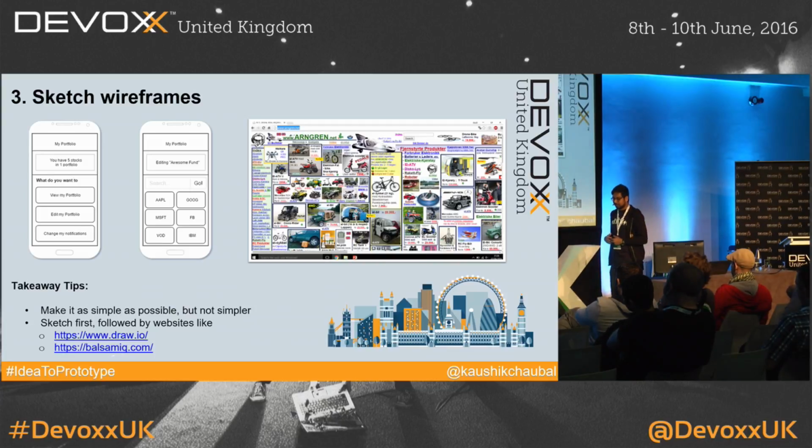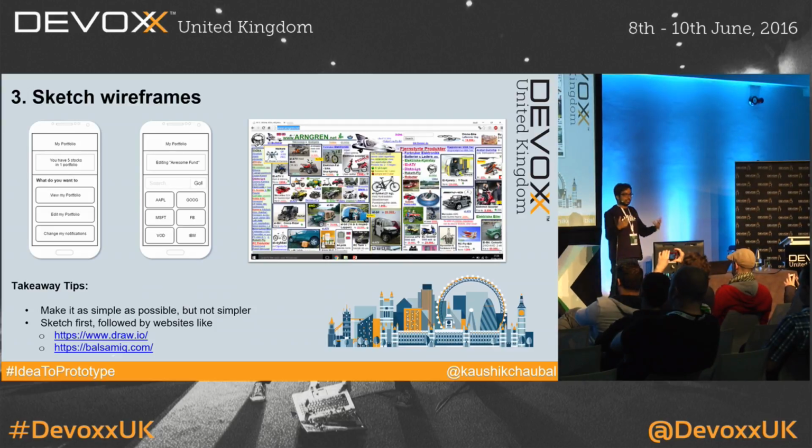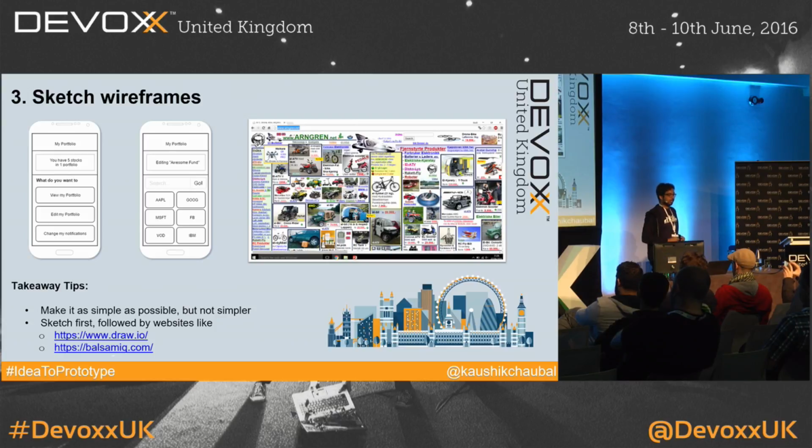The whole principle that the Apples and the Googles and the Microsofts use when you're trying to design things. And there are some really nice free wireframing tools that you can use to start doing some of these. These things that I've drawn over here are drawn in draw.io, very quick to create. It helps you create a picture, export it, and just move on from there.